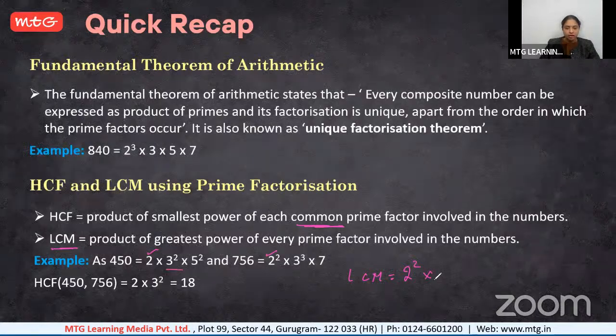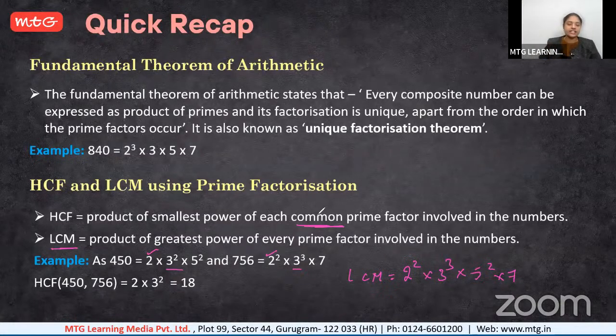What is the highest power of 3? 3 cube. What is the highest power of 5? 5 square. What is the highest power of 7? 7. So when you talk about HCF, be careful, we are looking only at the common prime factors. Whereas in the case of LCM, we are looking at every prime factor. And ultimately, if you make a product of it, that is going to be the LCM.